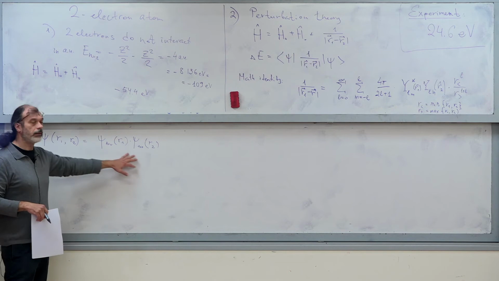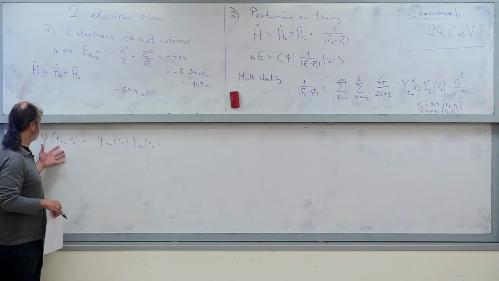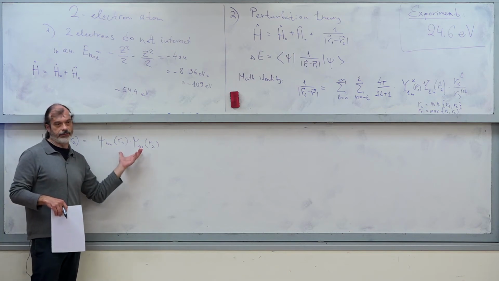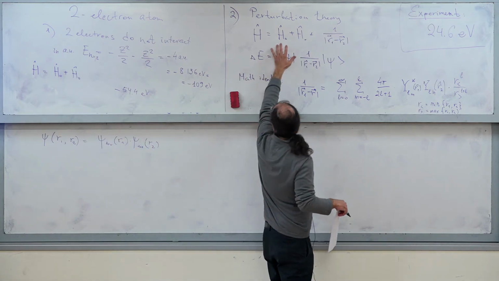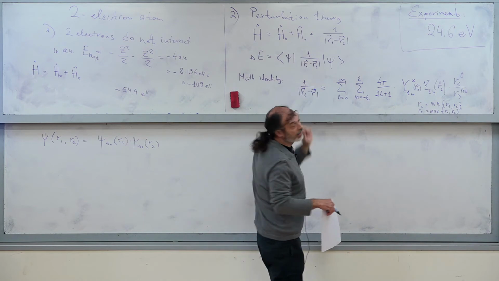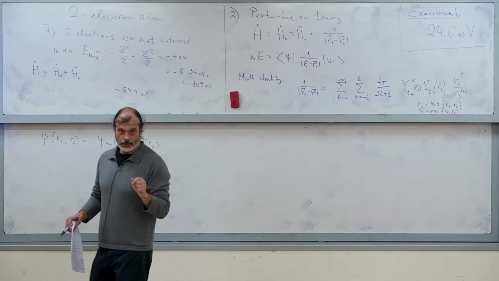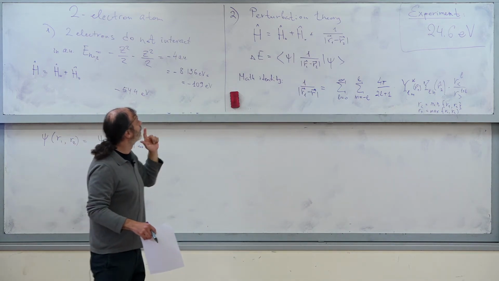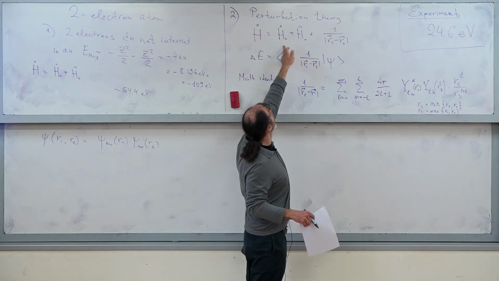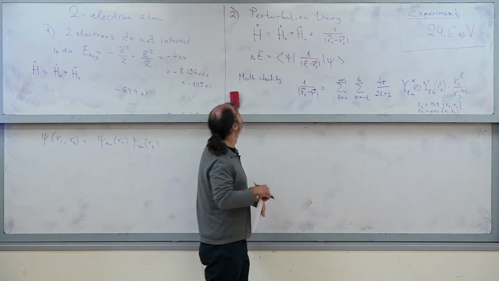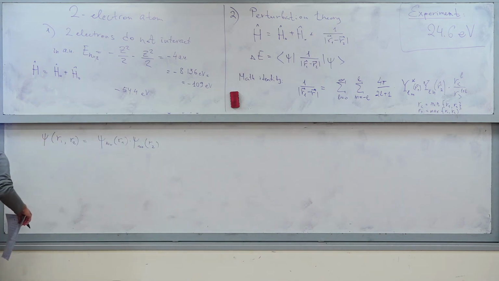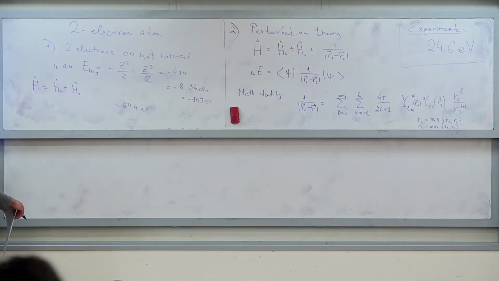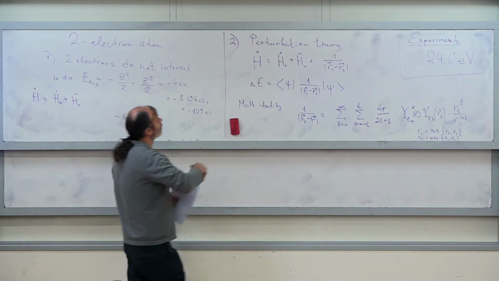That's a simple separable spatial wave function, which certainly is the correct wave function for these two Hamiltonians, H0 for R1 and H0 for R2. That's the difference between these two. Essentially, I have to write that in order to be completely correct, and make less criminal things, starting from the beginning.